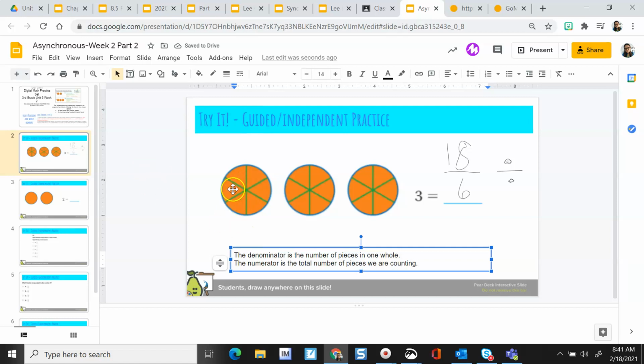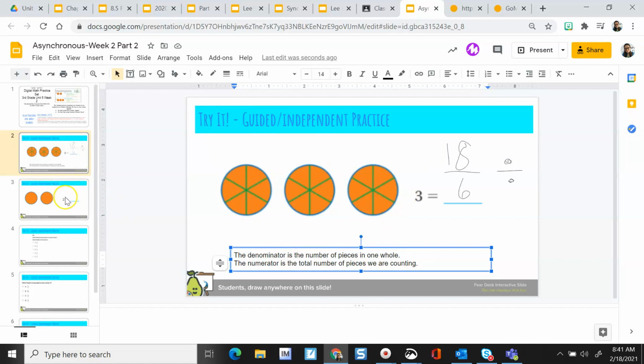So in this case, since we're counting all our orange parts, we count every single one of the pieces for the numerator. For the denominator, we're just looking at one whole and how many pieces it's cut into. So again, denominator, number of pieces in one whole. Numerator is the total number we're counting.